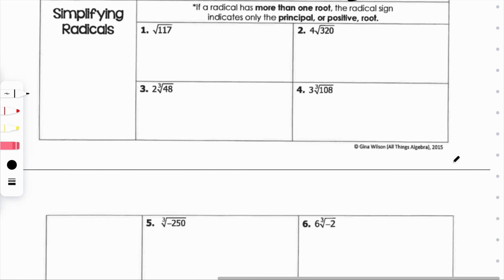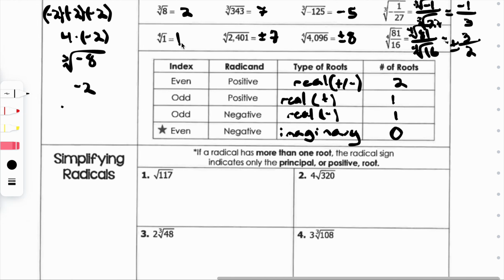Okay, so now let's move on to simplifying radicals. So maybe you've done this in past math classes, but this is going to be something that's super important as we move forward. So how I want you to approach this is look at the number under the radical, the radicand, and try to find some perfect square factors of that.